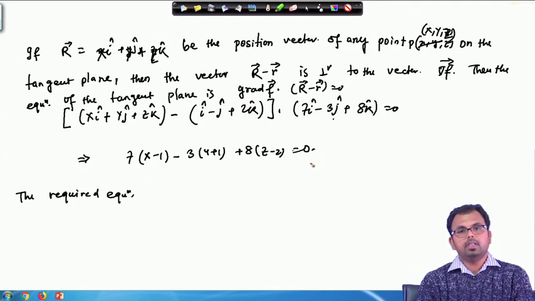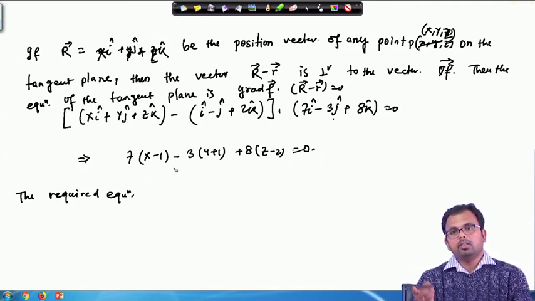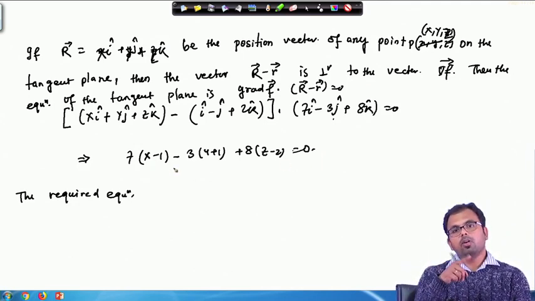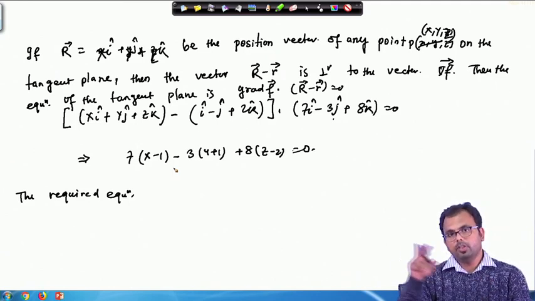So this is the equation of the tangent plane, and we gave the normal vector. Now, we want to write the equation of that normal.